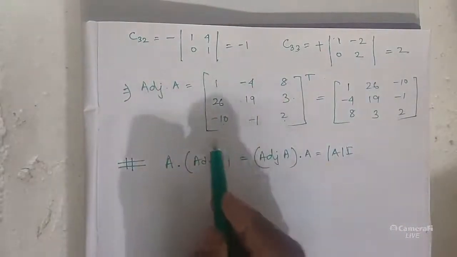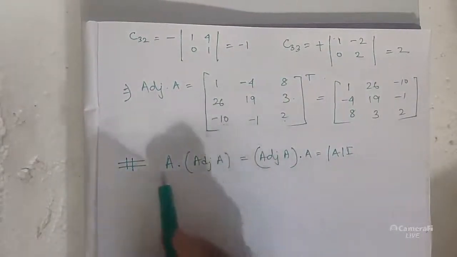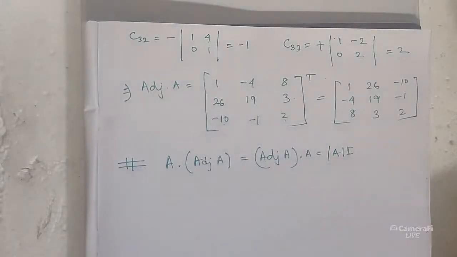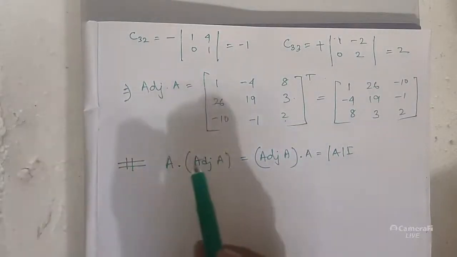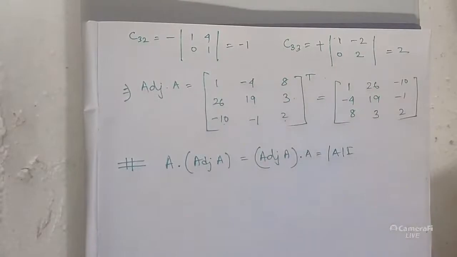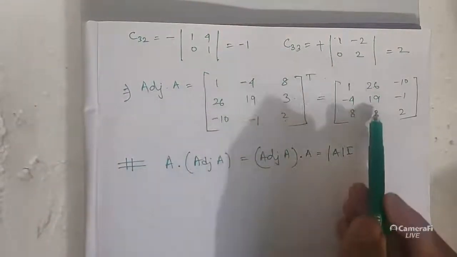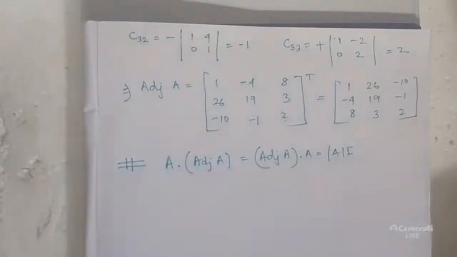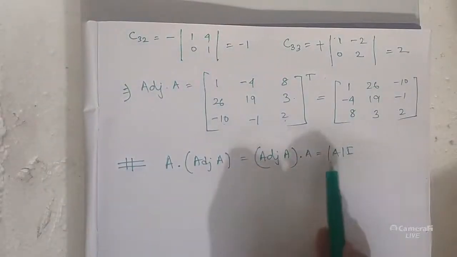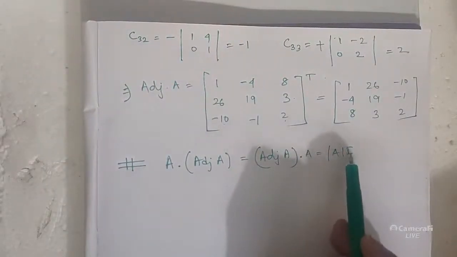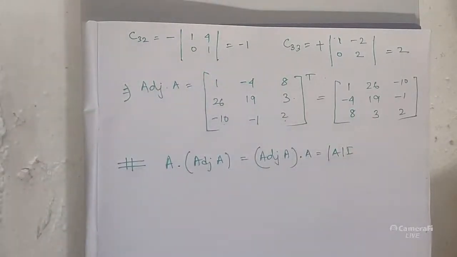That means adjoint A holds the commutative property under multiplication, and the value of this is equal to determinant A into the identity matrix. If you multiply adjoint A with the original matrix A, you will get the identity matrix into the determinant value of that particular matrix. So you have to remember this property.